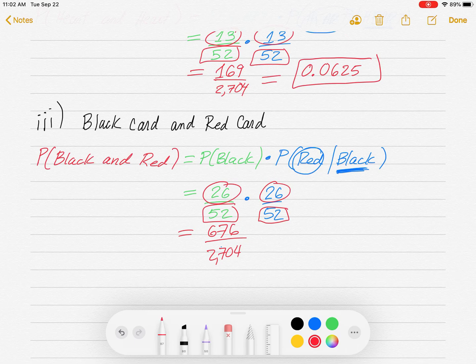You divide that out, 676 divided by 2,704, and we get exactly 0.25, a 25% chance. All right, I think we're going to quit this video, and we'll pick up in the next video with some more probability using the multiplication rule.